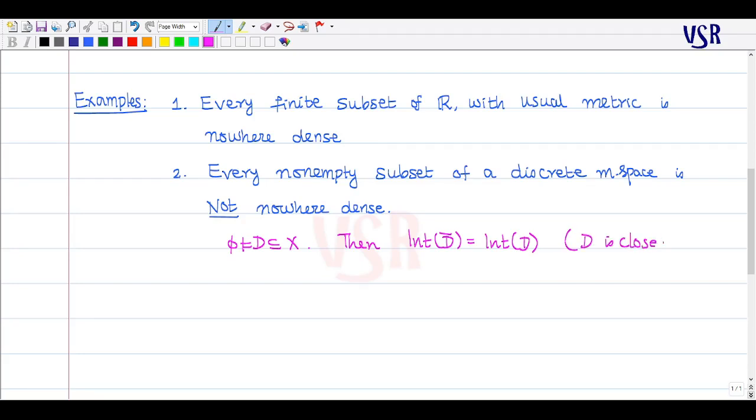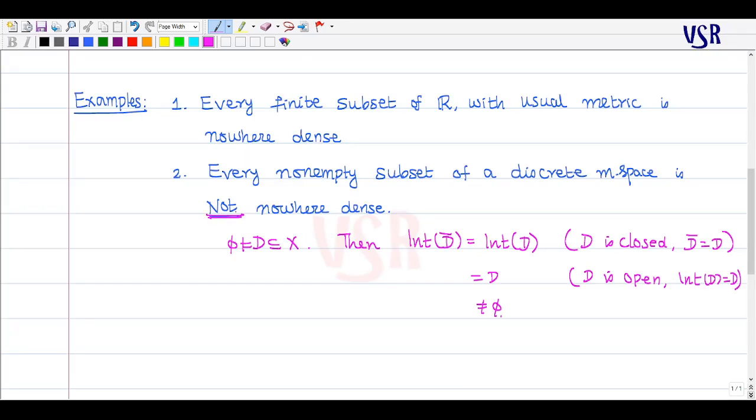We know that any subset of a discrete metric space is open as well as closed. So D is closed, that is, D closure is equal to D. Since D is open, the interior of D is equal to D, which is always non-empty. So any non-empty subset is not nowhere dense.